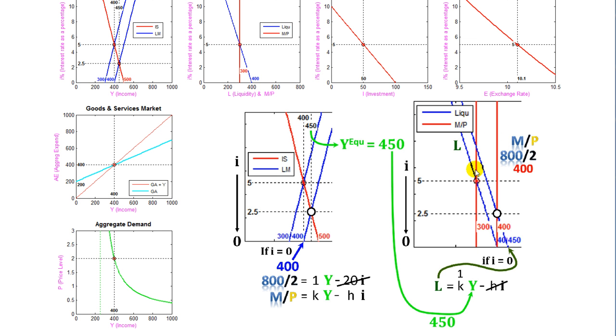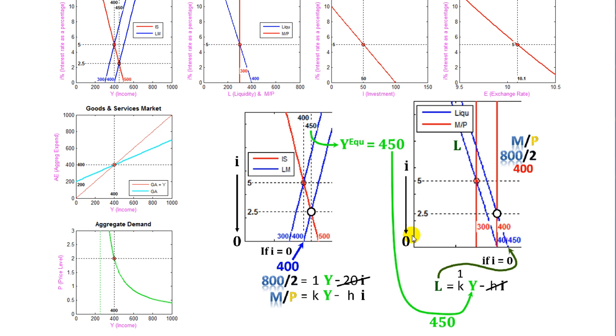Now we have to explain why real money demand, which is the blue line, shifts from here to here. This is the real money demand. So when we get this point, then income in equilibrium is 450. So we use this information here.